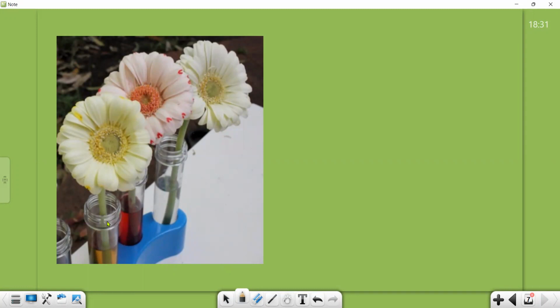Color appears in the stem and the flower. If the flower is there, you can see the change in color.